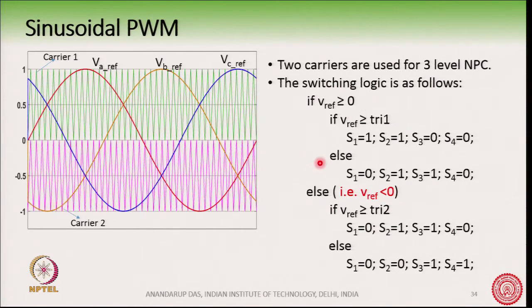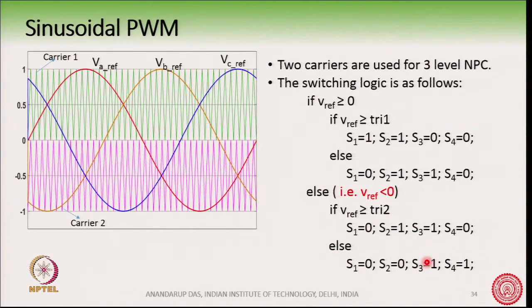If I name the switches from top to bottom as S1, S2, S3, S4, there are 3 sinusoidal reference waveforms. If any of the reference waveforms is greater than 0, we follow this logic here, and when the reference waveform is less than 0, we follow this logic here.